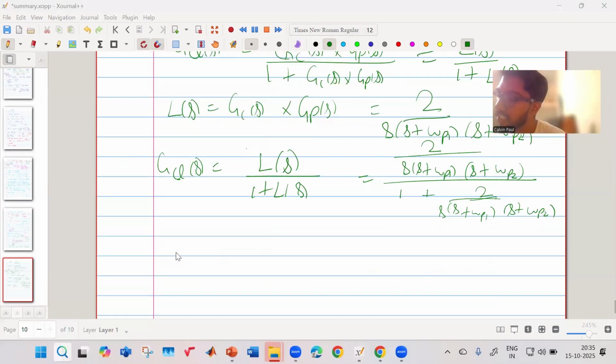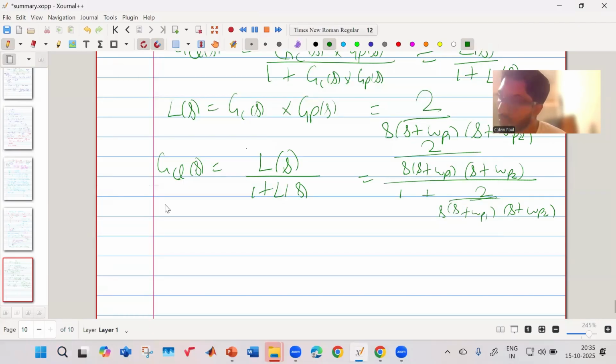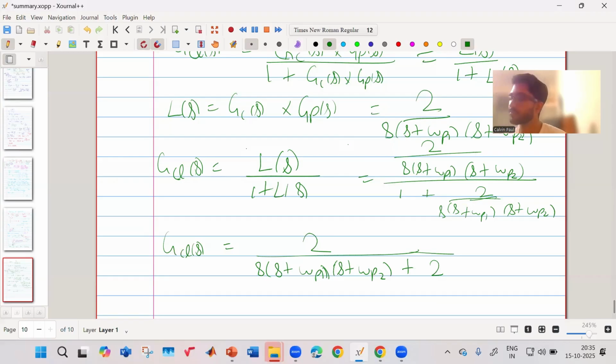So your closed loop Gcl(s) is equal to 2 upon s into (s plus omega p1) into (s plus omega p2) plus 2.